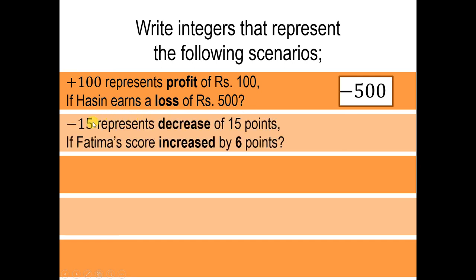Next, minus 15 represents a decrease of 15 points. If Fatima's score increased by 6 points, how will we represent it using integers? Well, it is very simple that the negative numbers represent a decrease. So to represent an increase, we have to use a positive number like positive 6, right?